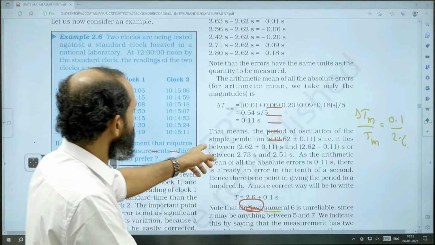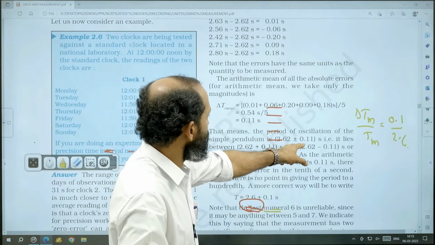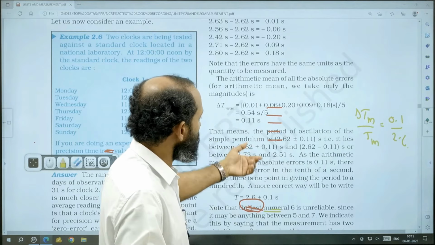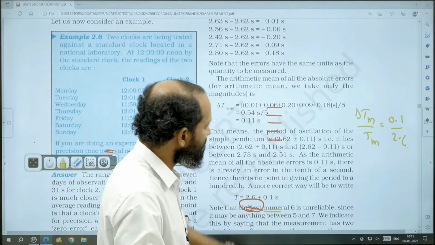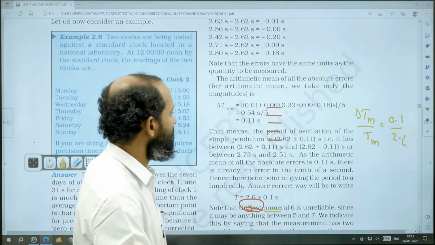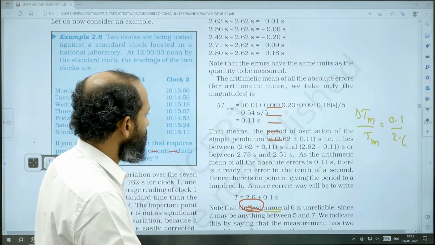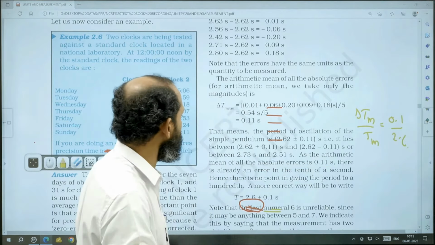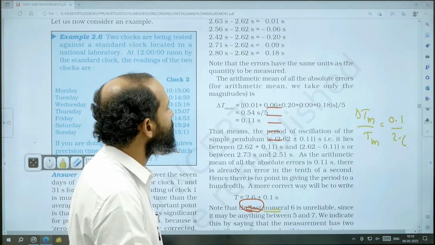The period of oscillation is given as 2.62 plus or minus 0.11. So it lies between 2.62 plus 0.11 and 2.62 minus 0.11, between 2.73 and 2.51. That is the accuracy. As the arithmetic mean of all the absolute errors is 0.11 seconds, there is already an error in the tenth of a second.